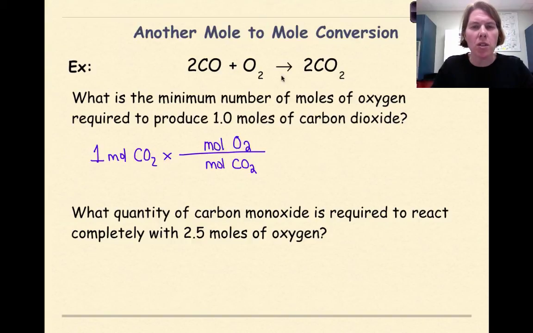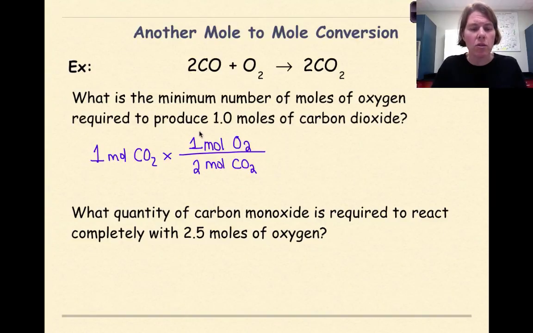I look at my balanced equation here. There's a 1 assumed right there, so this is going to be 1. There is a 2 in front of the CO2, and I have to be really careful. This was done on purpose. The CO and the CO2, even though they both have the same coefficient, look very similar. So you have to take your time and make sure that you're using the correct coefficient if there were different coefficients here.